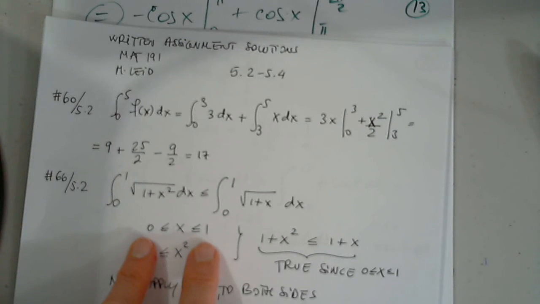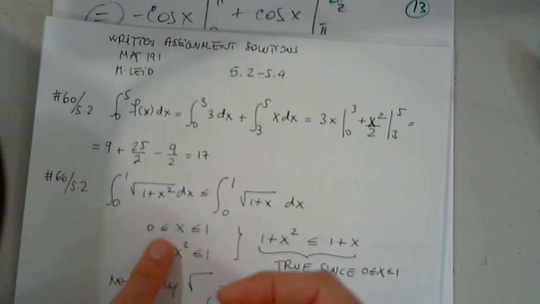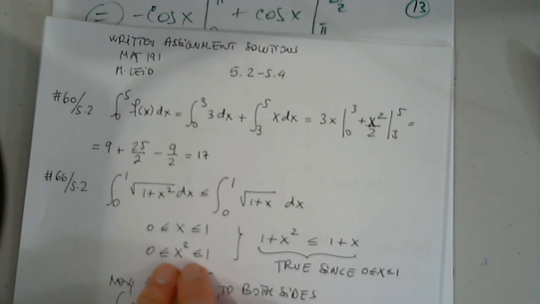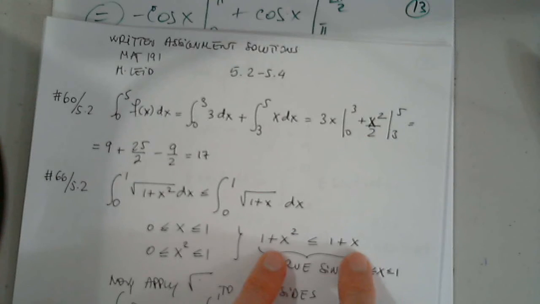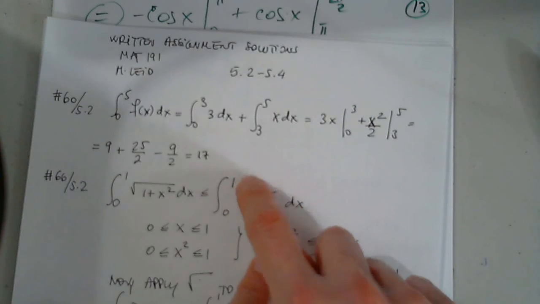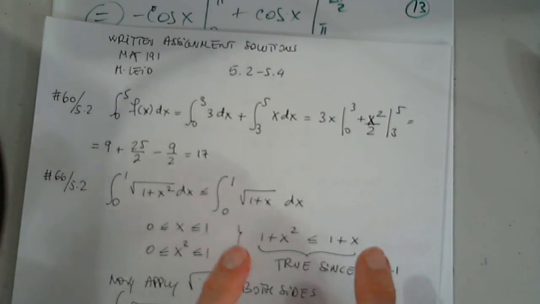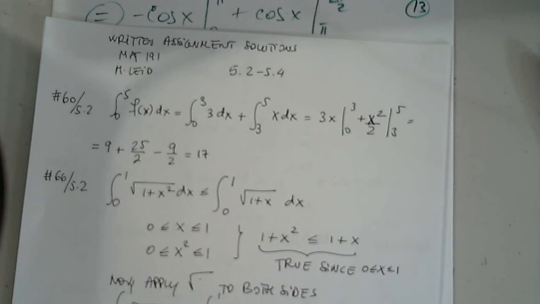For numbers between 0 and 1, like 1/2, if I square 1/2, it's going to be 1/4. So 1/4 is definitely smaller than 1/2. So x squared for any number between 0 and 1 will always be smaller than x. So adding 1 to both sides is very clear, and then you can take the square root because they are both positive.